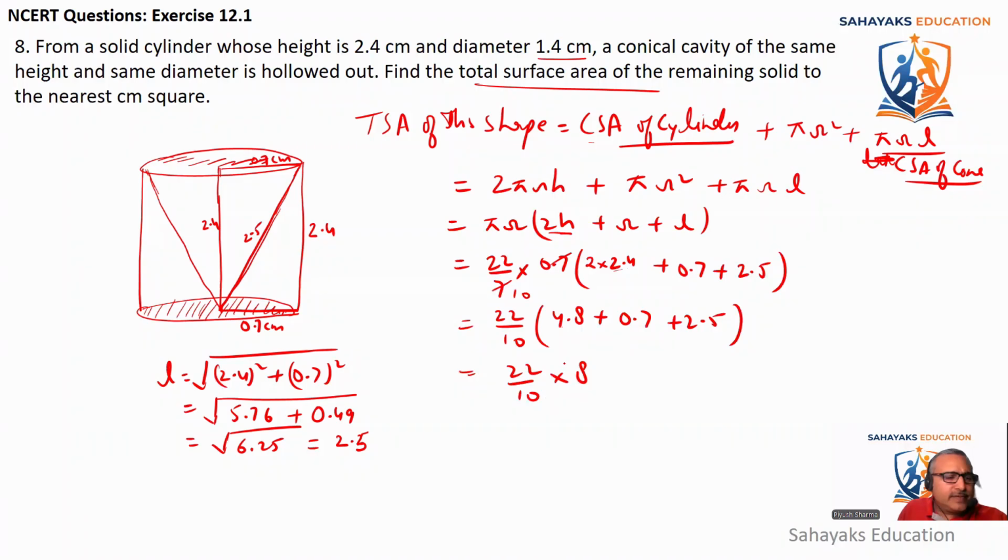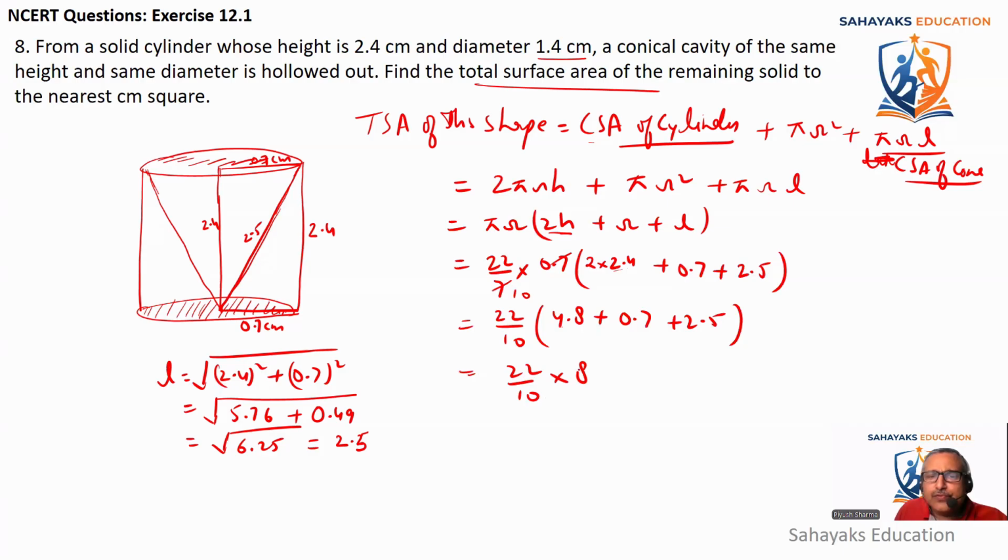Let me just check what's the correct one. It is 4.8 plus 0.7 plus 2.5, which comes out to be 8.